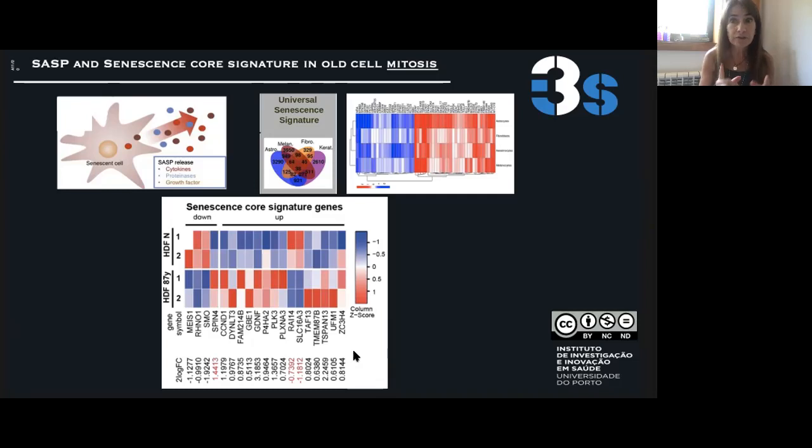Thus, an unforeseen SASP phenotype evolves in elderly dividing cells alongside a global transcriptional shutdown of mitotic genes, accounting therefore for the aging-associated mild aneuploidy levels.